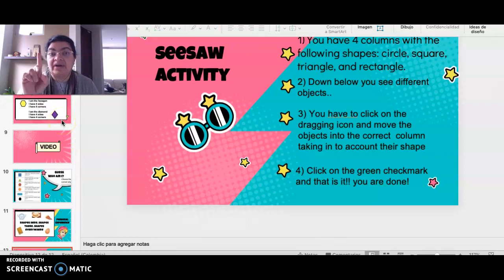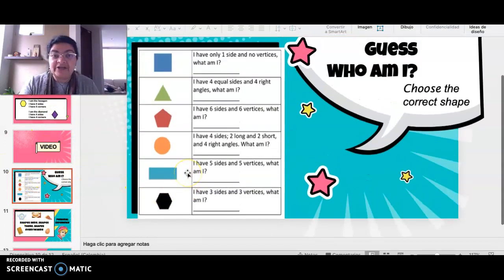Oh, don't forget, you have to copy this one in your notebooks too. And here, you have to copy the question and the corresponding image. Then you take a picture and you upload this image into Seesaw.